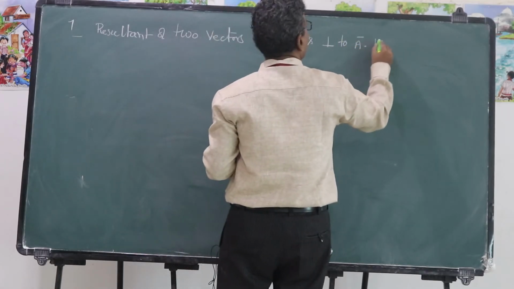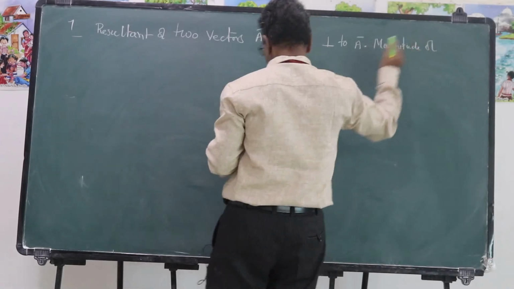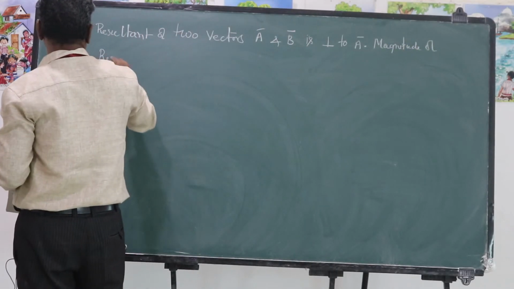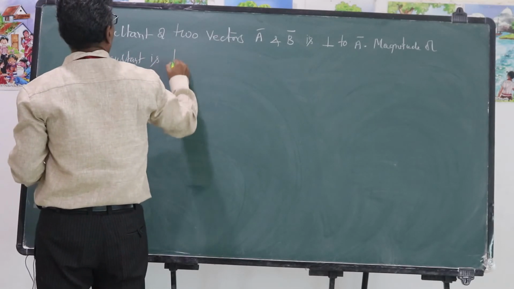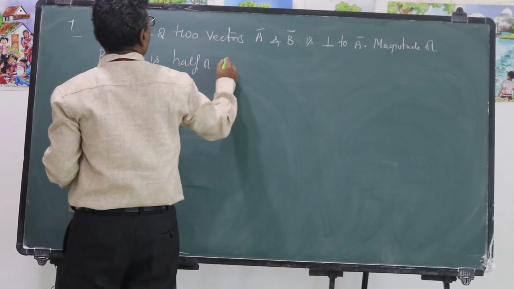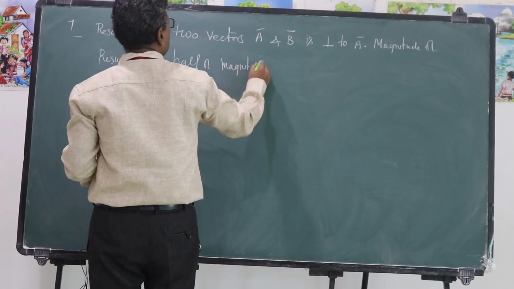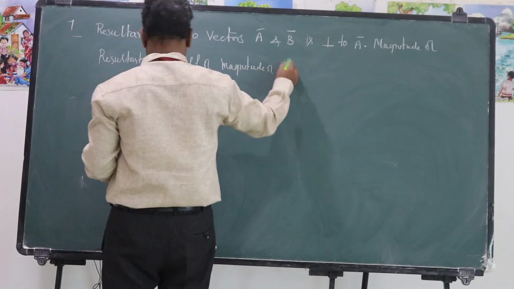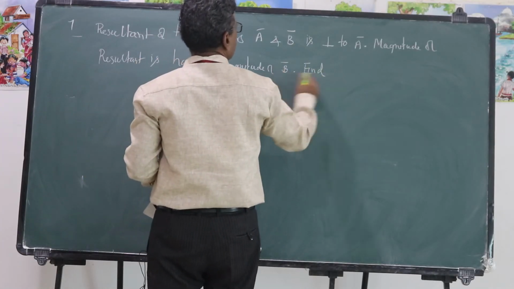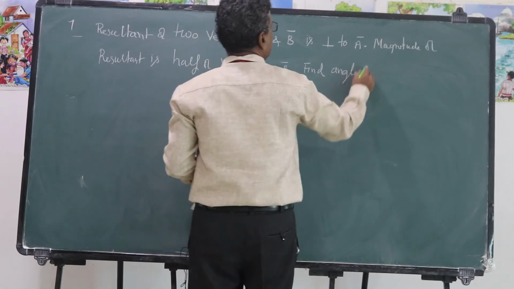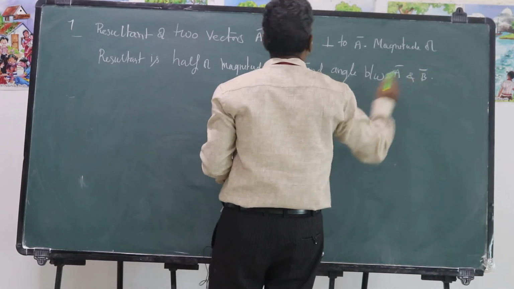The magnitude of the resultant is half of the magnitude of vector B bar. Find the angle between A bar and B bar. So this is the problem.